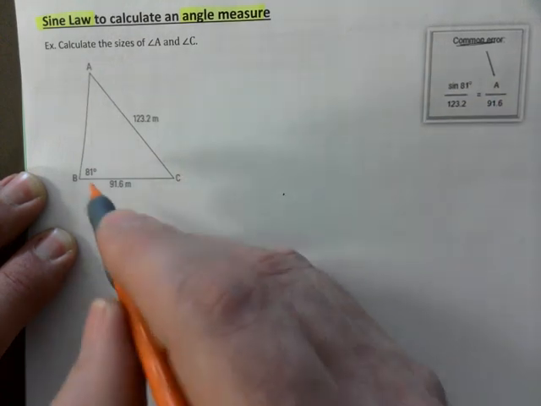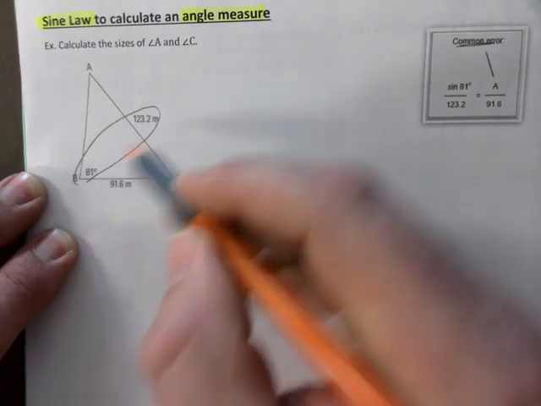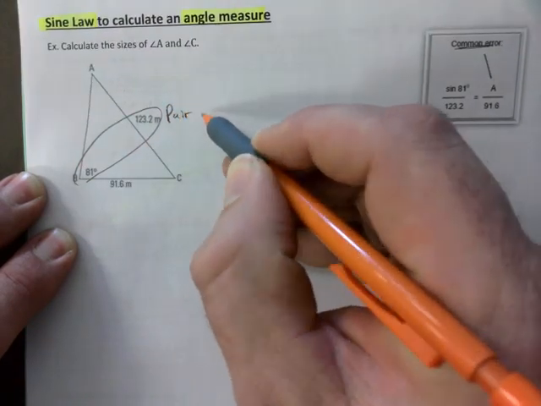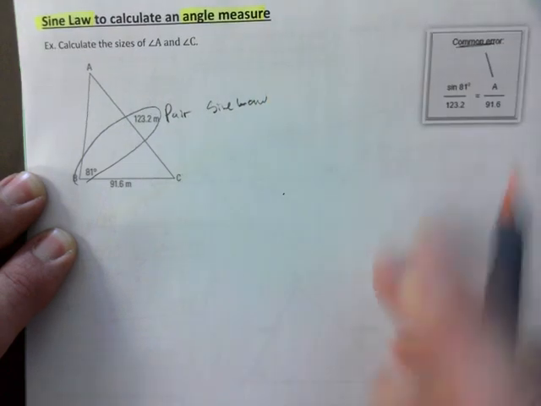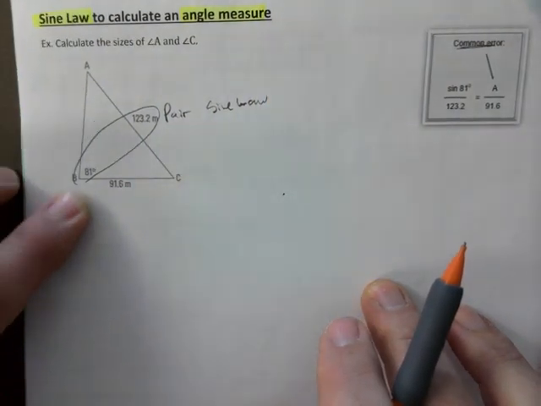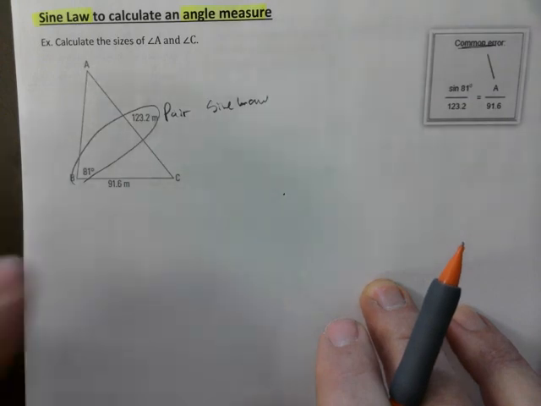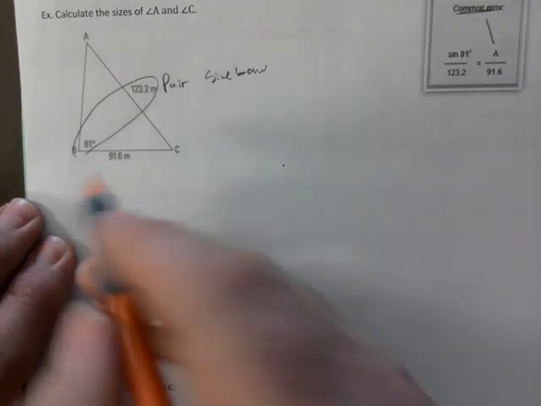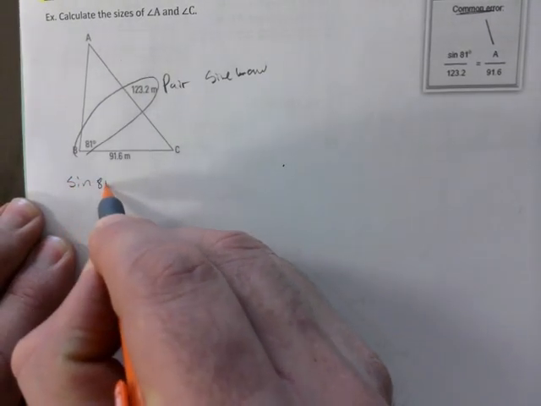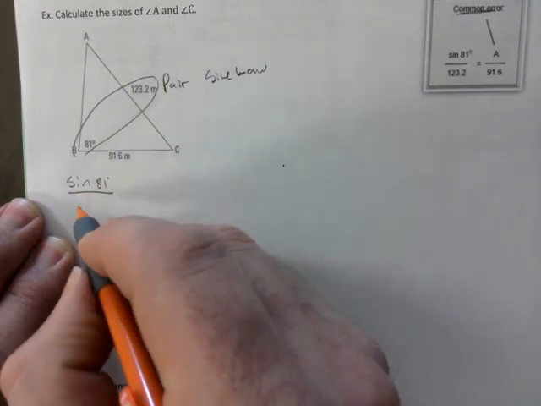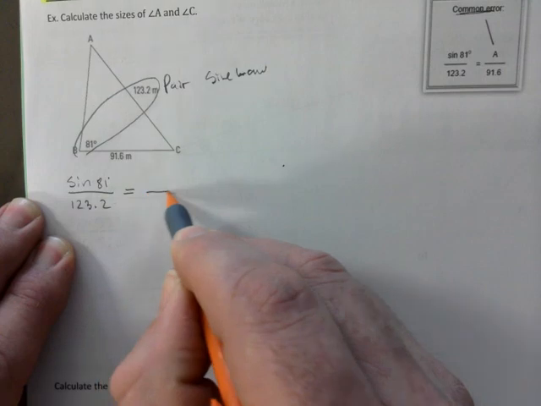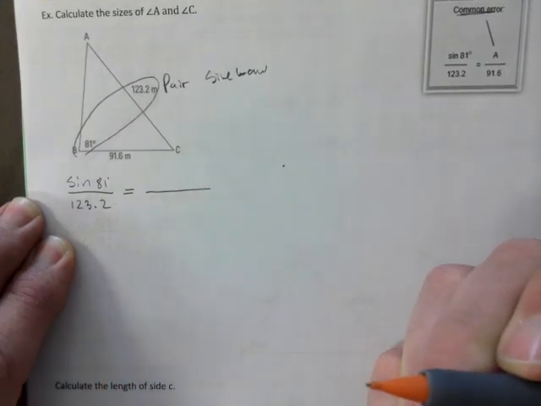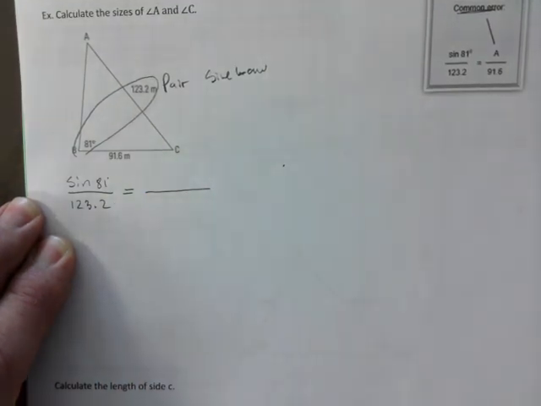Okay? So watch this. You have a pair here. For now, all we know is sine law. I know that. But tomorrow, this is going to change. So this is an indication you have to use sine law. Okay? So I'm going to do this. Sine of 81 over 123.2. And on the other side, which angle should I solve for first?